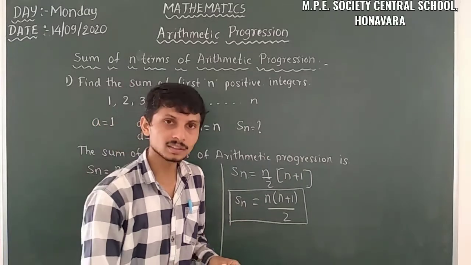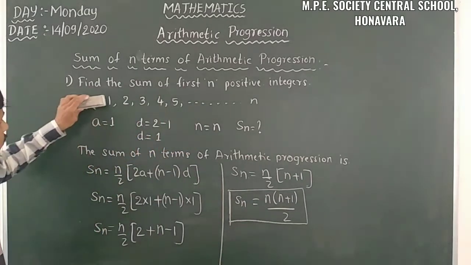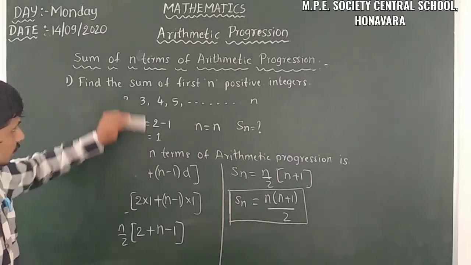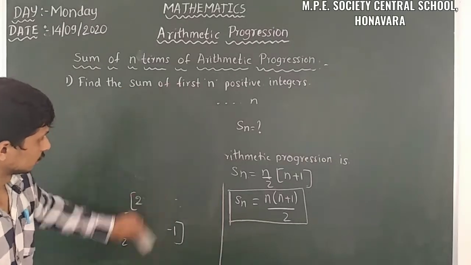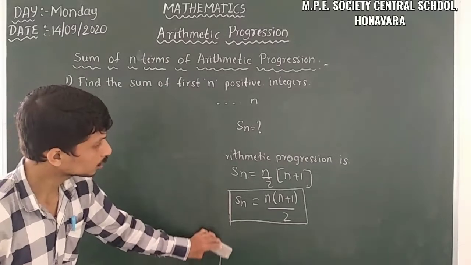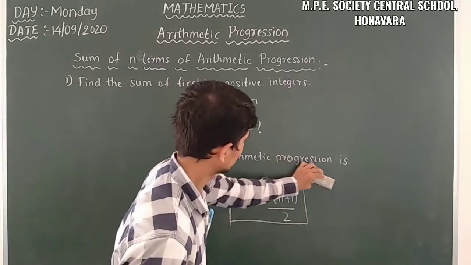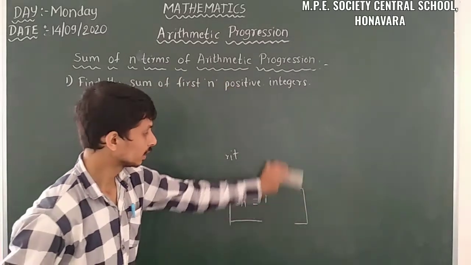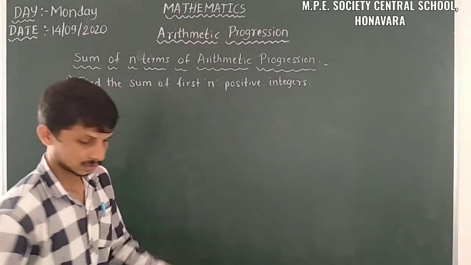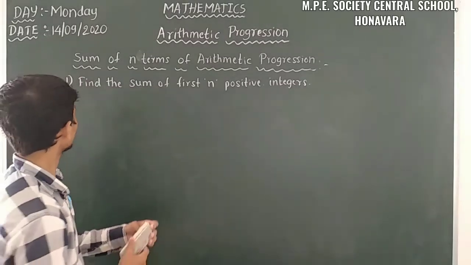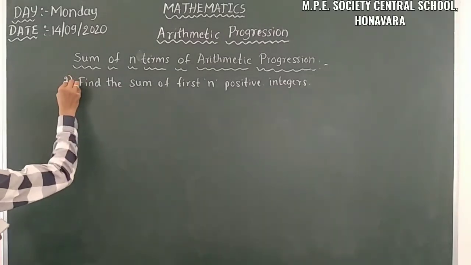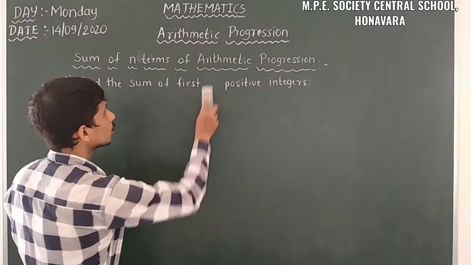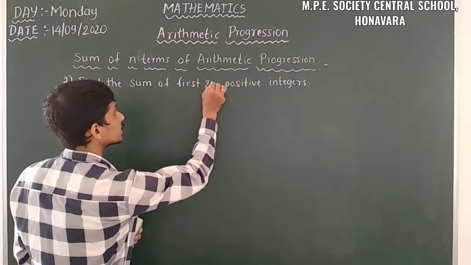So let us take one problem using this formula for finding the sum of the first n positive integers. Here we take the second problem: find the sum of 20 positive integers.